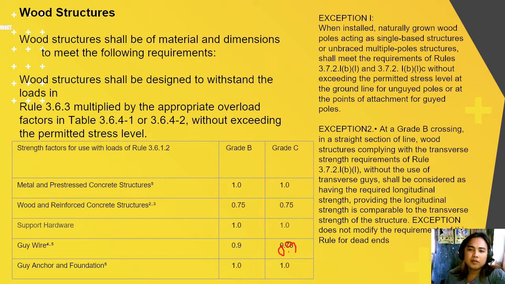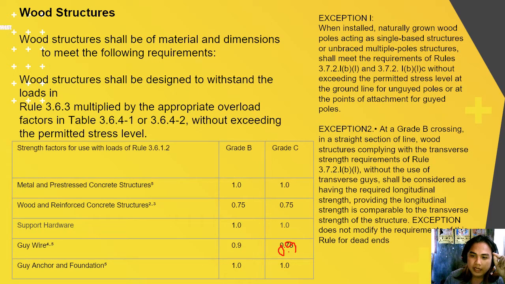Exception number 1: when installed in natural ground, wood poles acting as single base structures or unbraced multiple post structures shall meet the requirements of rules 3.7.2.1 B section 1 and 3.7.2.1 B without exceeding the permitted stress level at the ground lines for unguyed poles or at the points of attachment for guyed poles.